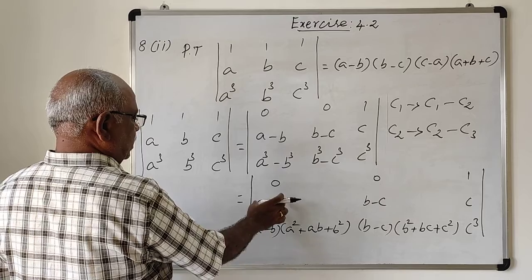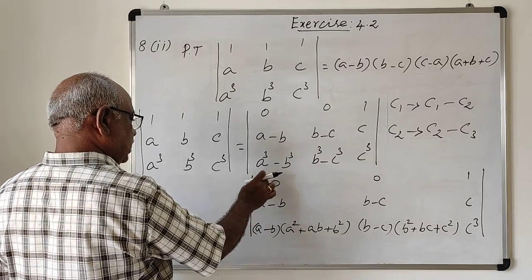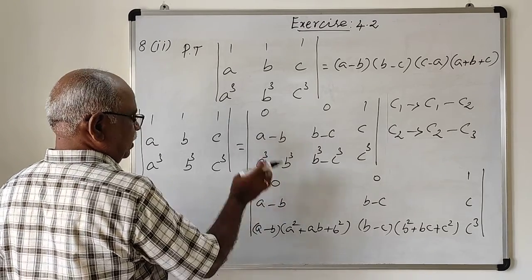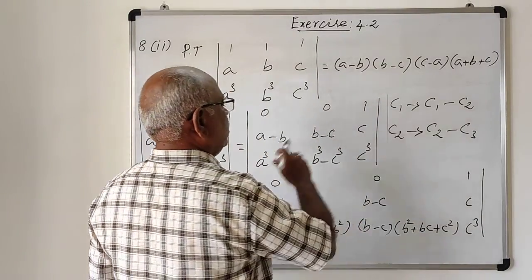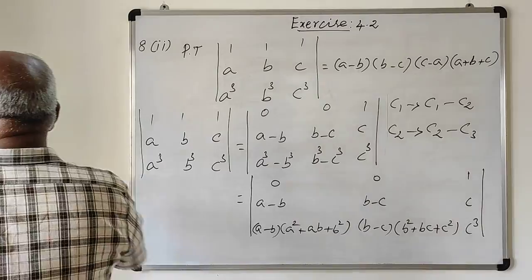Now, the next step, from the first column I am taking a minus b as a common term. Similarly, in the second column, I am taking b minus c as a common term out of the determinant.